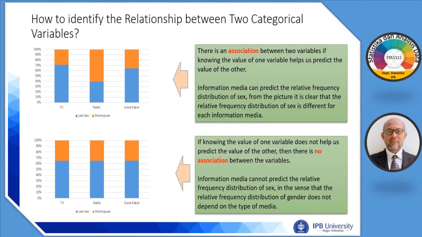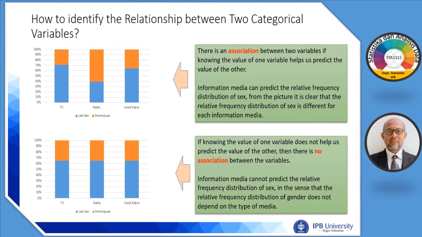So what we can say with this graph is that there is an association or indication of association between two variables if knowing the value of one variable helps us predict the value of the other.